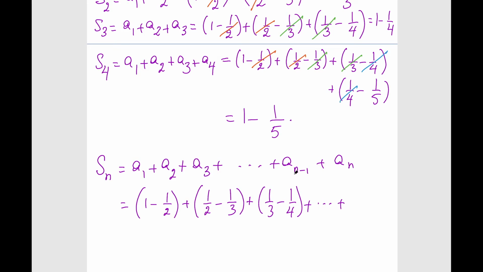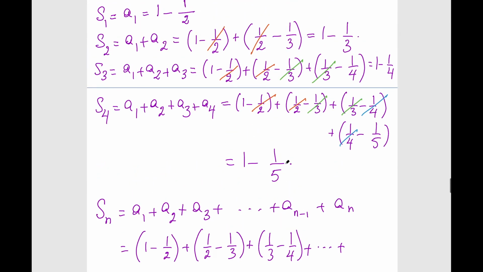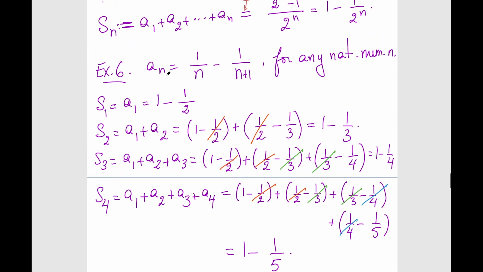What's the n minus first term? I'm going to replace each n by n minus 1. And now let's read this. What's a sub n minus 1? It's 1 over n minus 1 minus 1 over n, right? Because the minus 1 and plus 1 cancel.